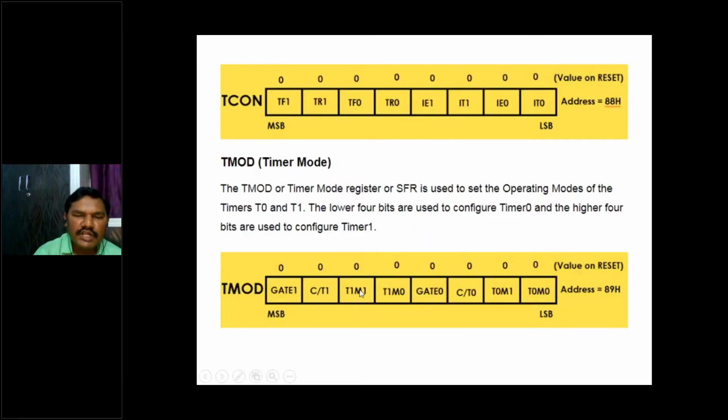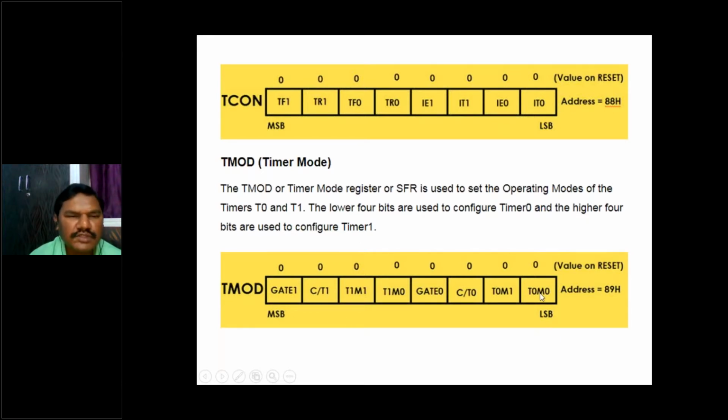Next M0 and M1. So here we can see the four modes of operation. These 4 bits are for timer 0 and these 4 bits are for timer 1. C/T bar 1 and gate 1 here, and C/T bar 0 and gate 0 here mean timer 0 operation, and timer 1 modes of operation can be given by these 4 bits.